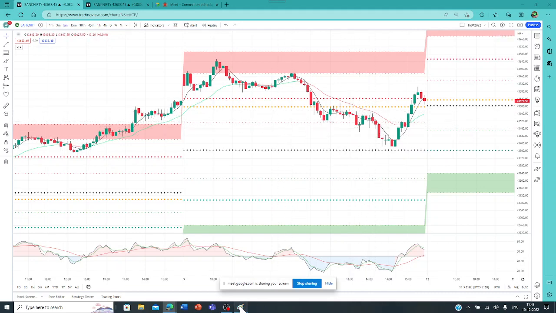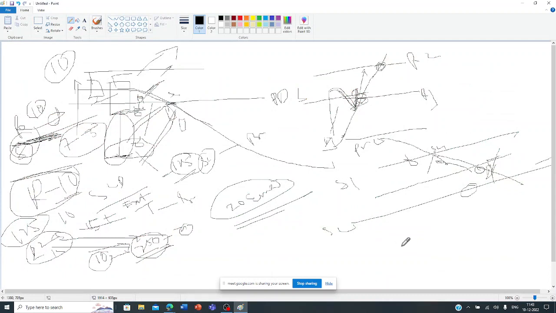What I'm trying to say is, suppose you entered at 110 rupees, with SL of 20 rupees. That means if price hits 90 rupees, you are out of the market, right? Yes. Now price is trading at 135. So you can move your SL to 110.